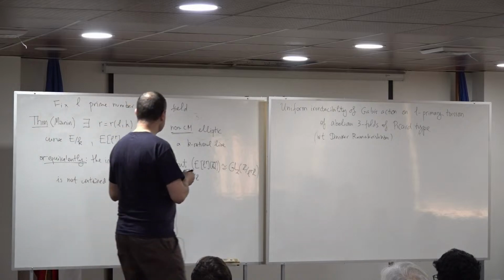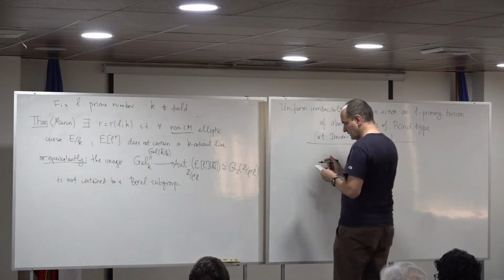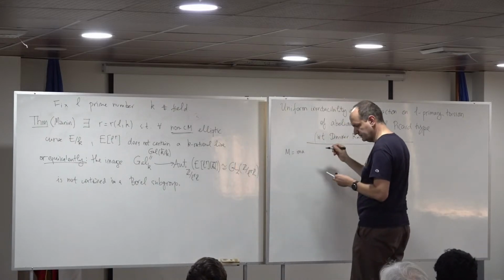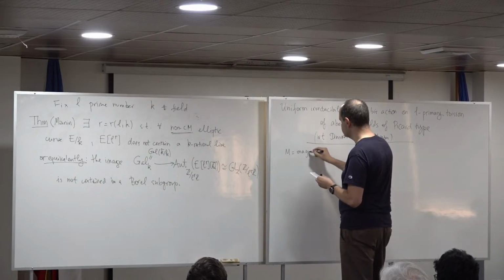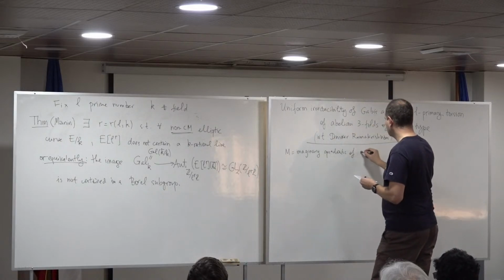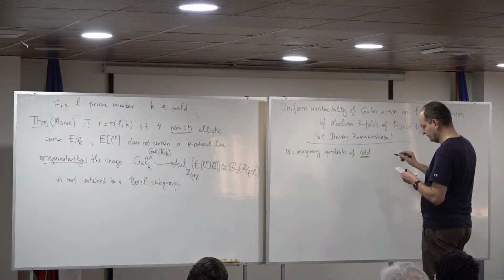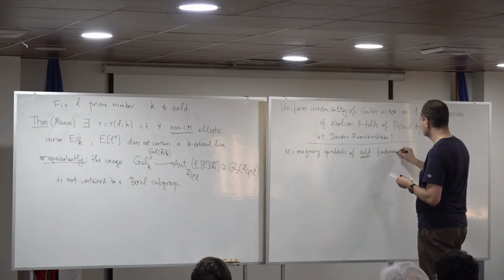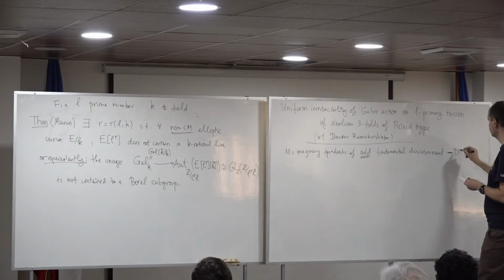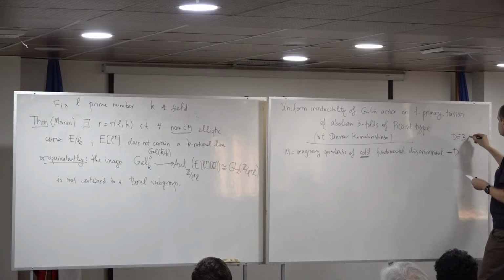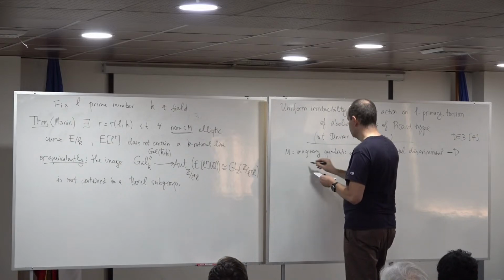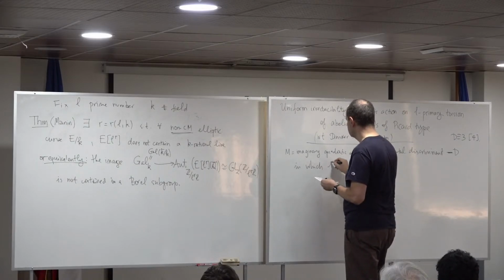So here is the generalization that we propose. We take M to be an imaginary quadratic field, with a technical but important assumption of odd fundamental discriminant minus D. I recall that this in particular implies that D is 3 mod 4, in which our prime L is inert.